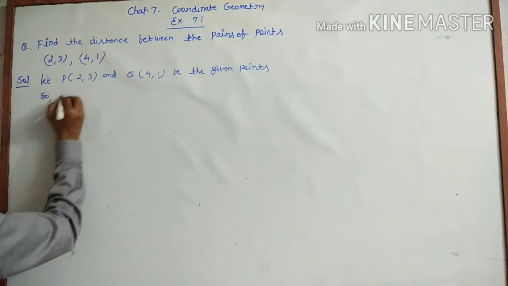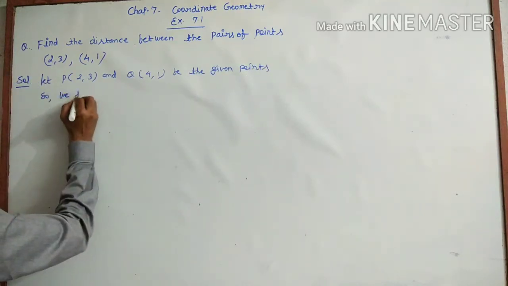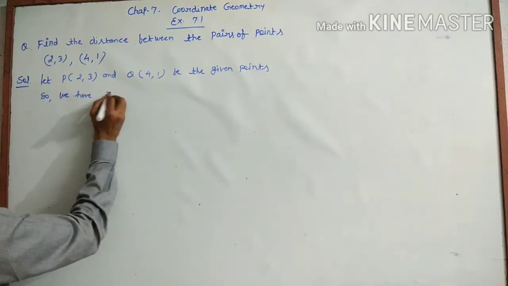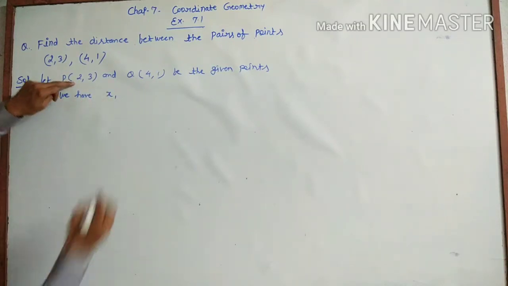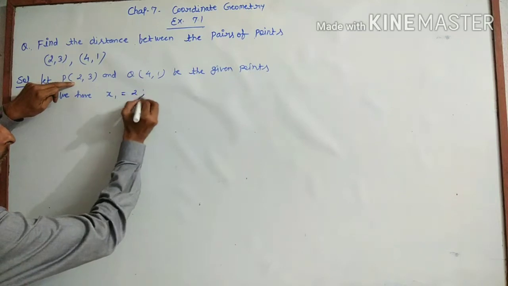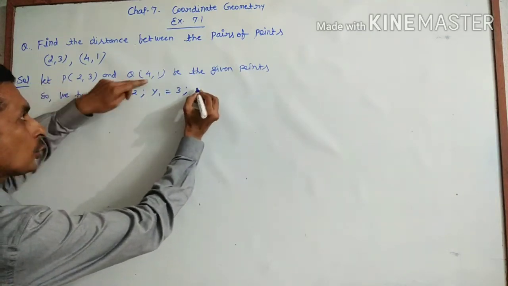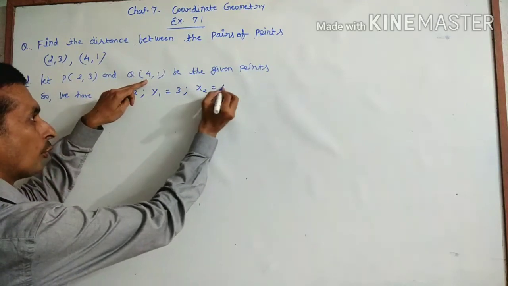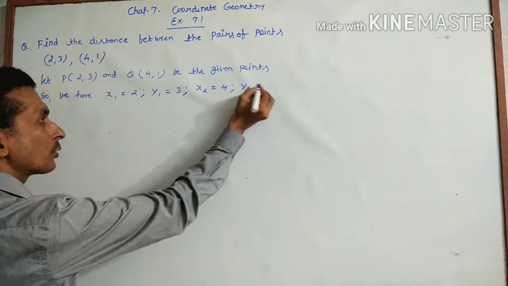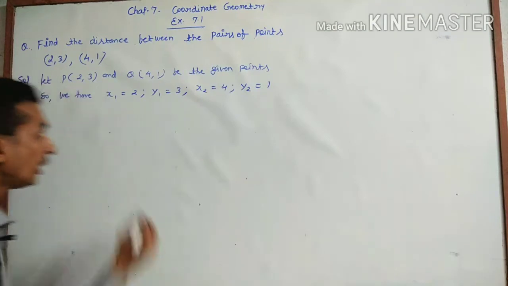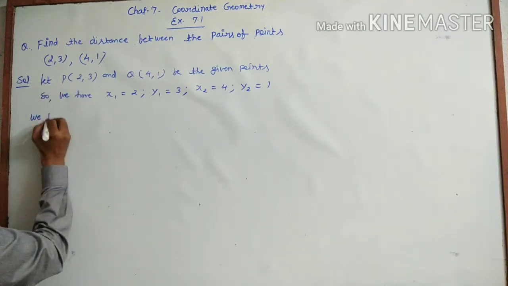So we have x1, the first value, equal to 2, y1 equal to 3, x2, the second point's value, equal to 4, and y2 equal to 1.